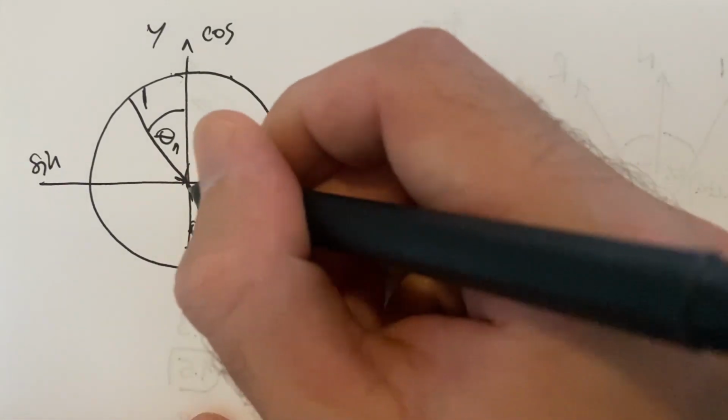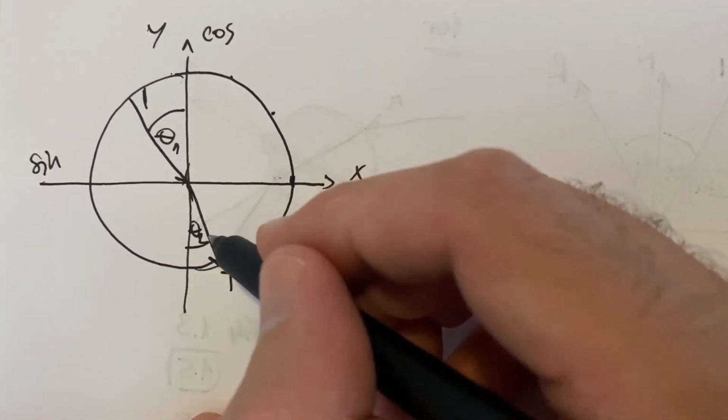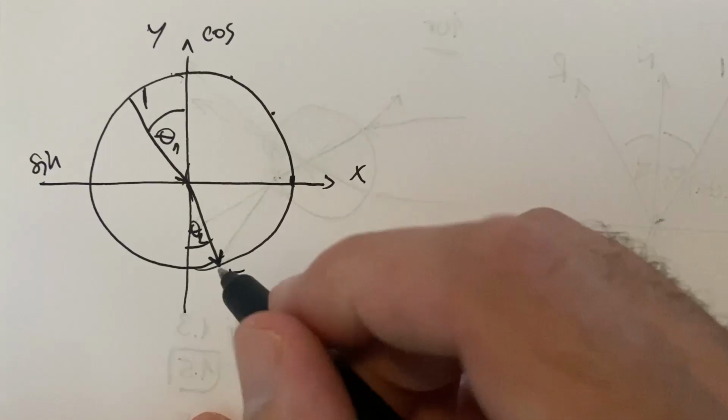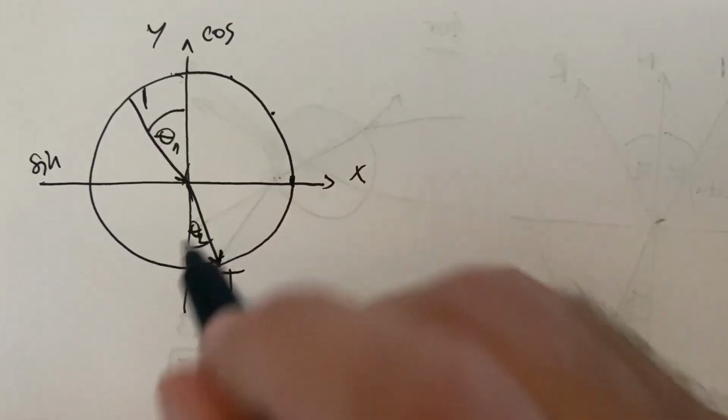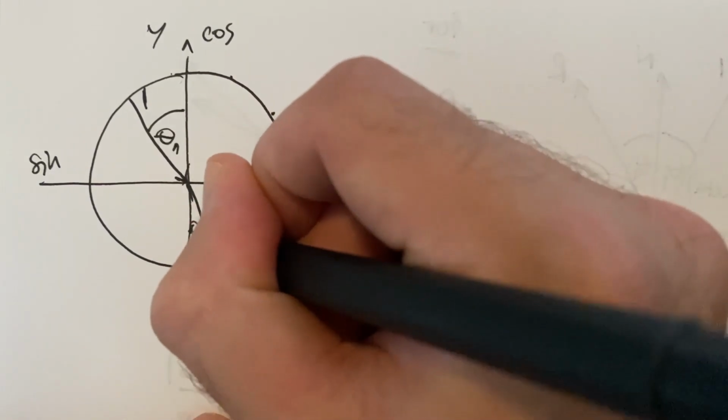We need to split this t into two components, the parallel and the perpendicular component. The same thing we did with dot product earlier in this tutorial. So what you do, you basically take this component.